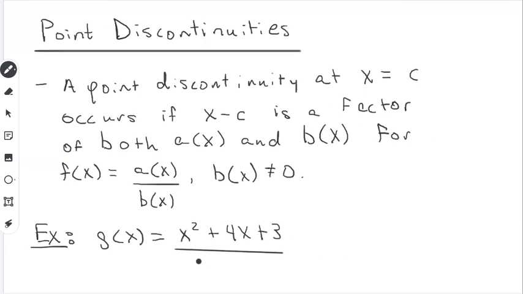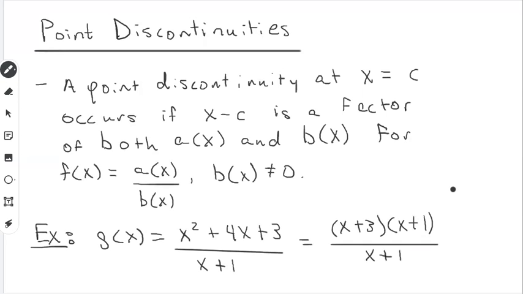When we factor the top, we get x plus 3 times x plus 1, and we still have x plus 1 on the bottom. So we factor the top, cancel out our common factors, and we end up with just x plus 3 on the top. That's going to be our answer.